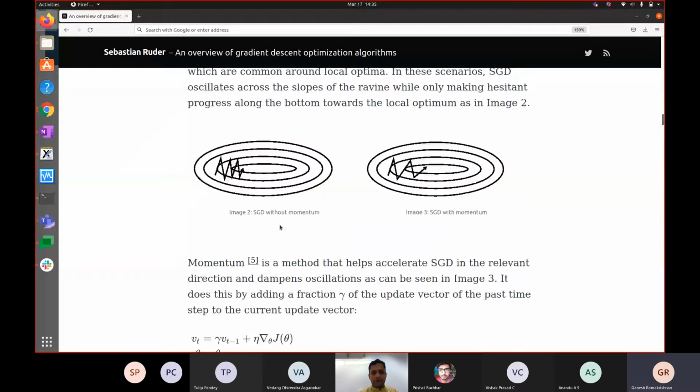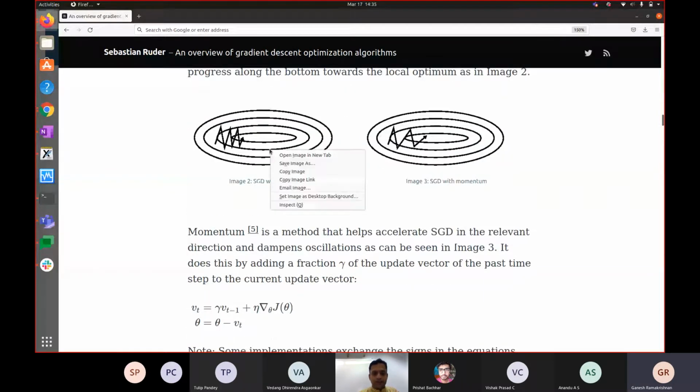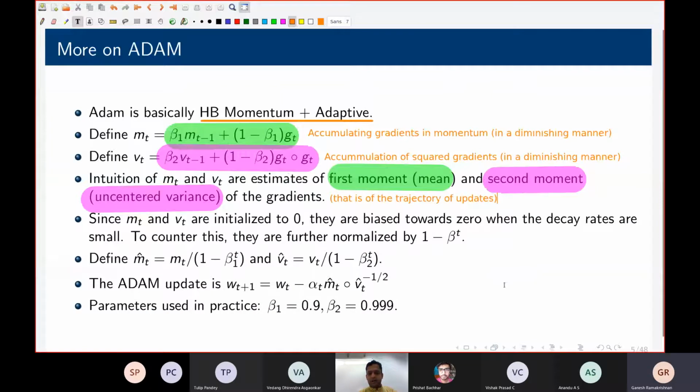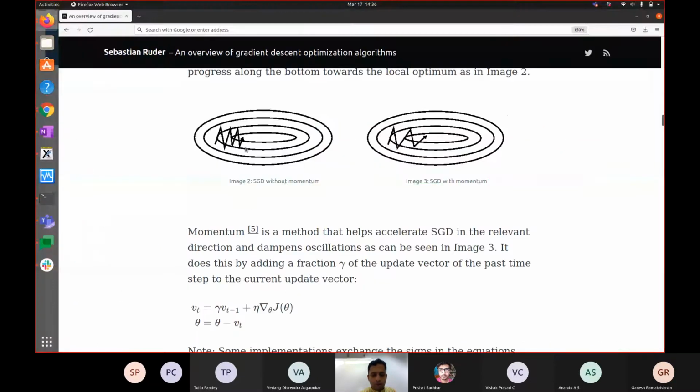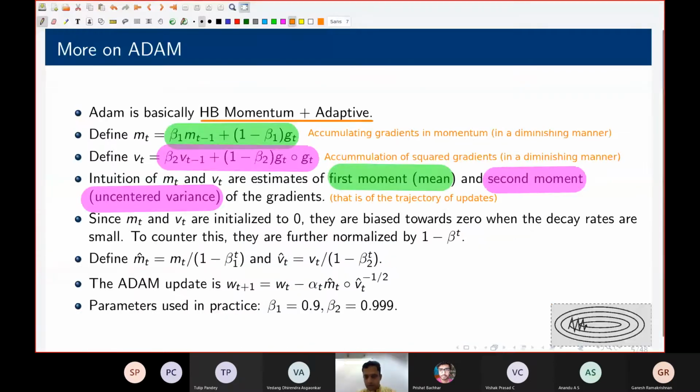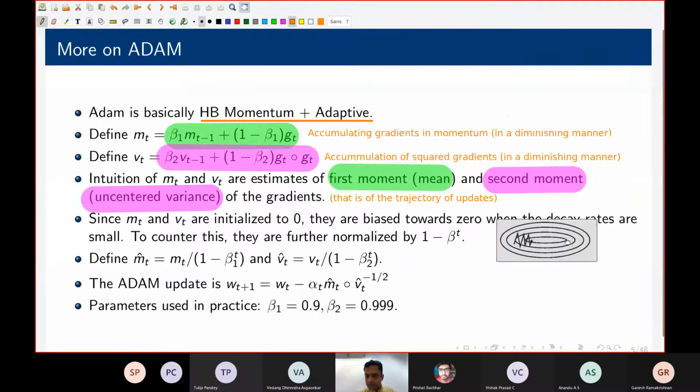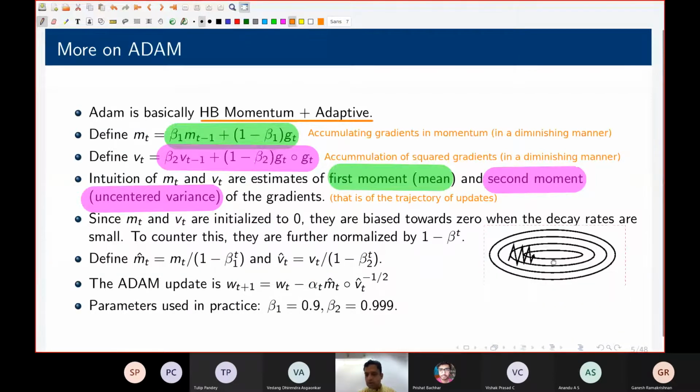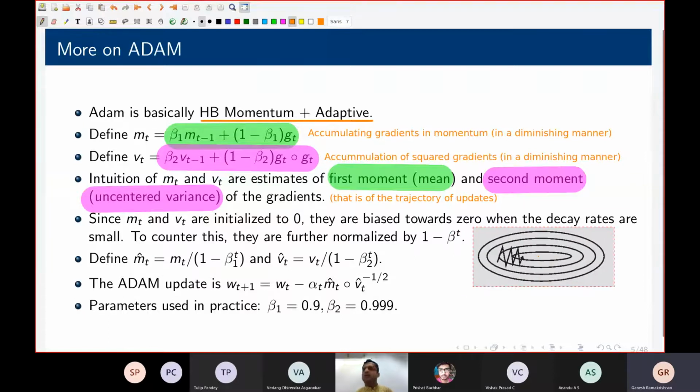This makes most sense because we really wanted to fit something on the trajectory of the updates, on a multiple moments basis. So you have a slightly different, more refined perspective now.